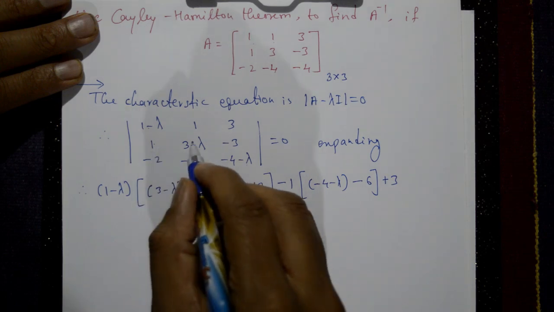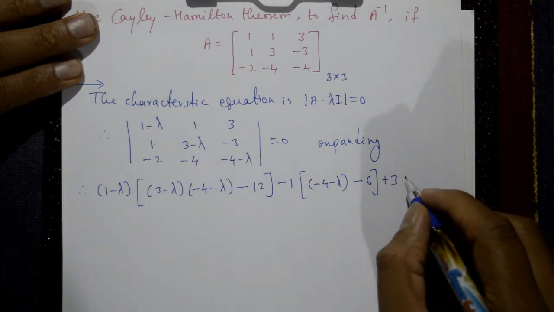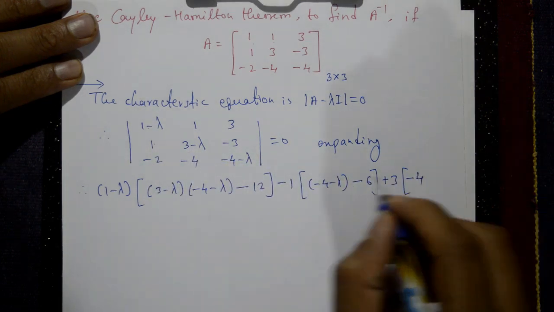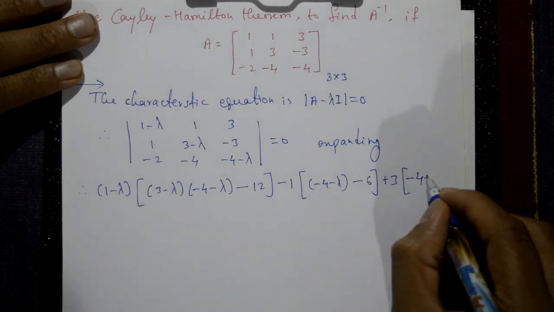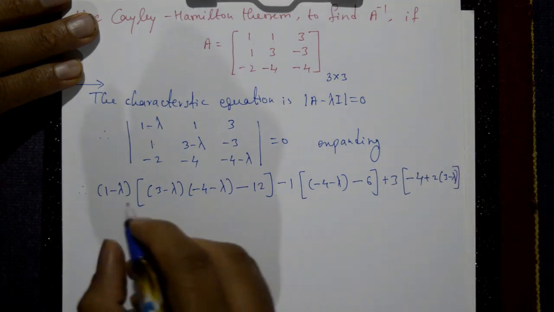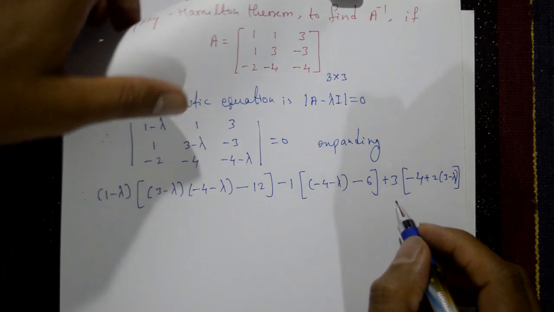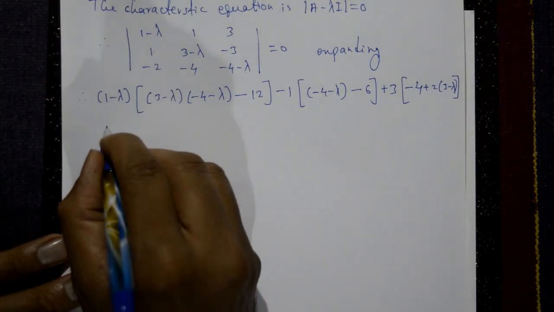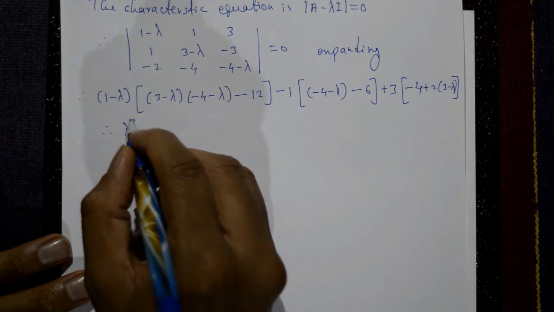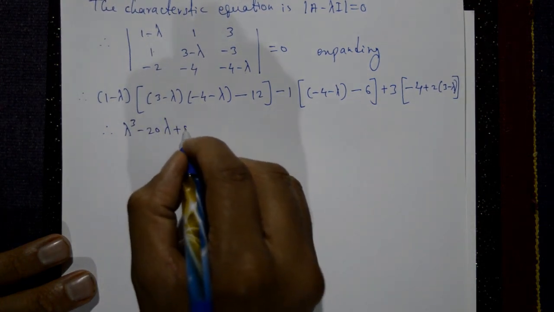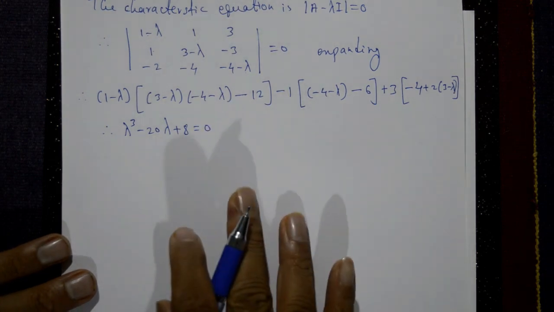Take these 4 elements, multiplication, plus 3 into 2 into (3 minus lambda). Simplifying this one, we get lambda cube minus 20 lambda plus 8 is equal to 0.